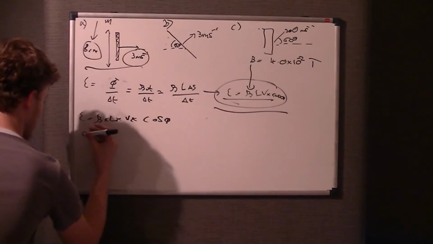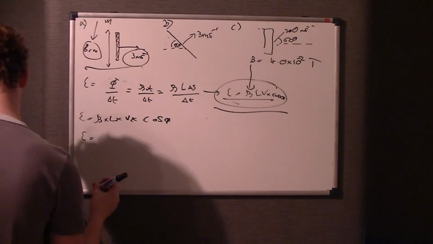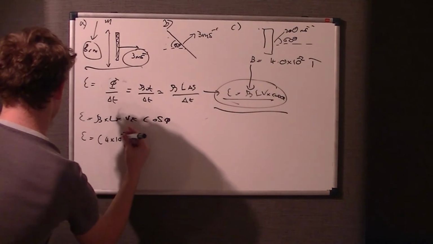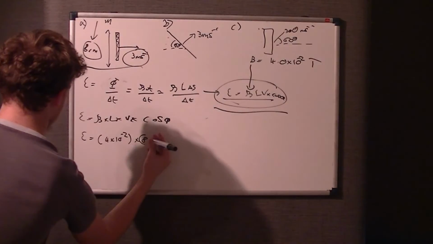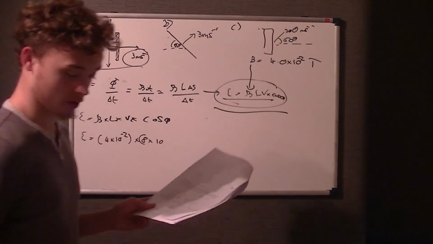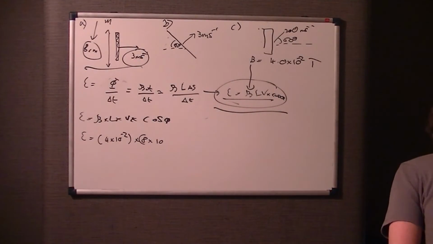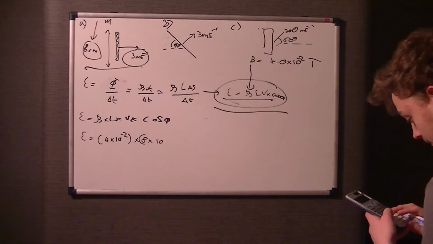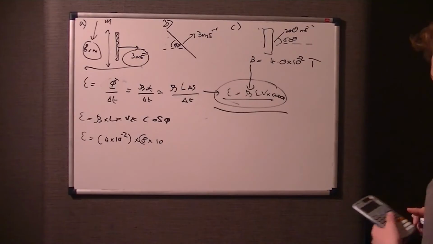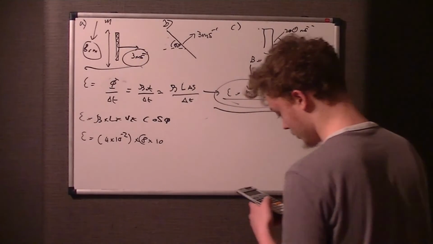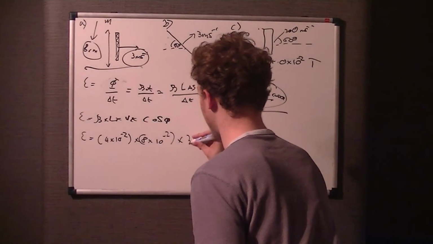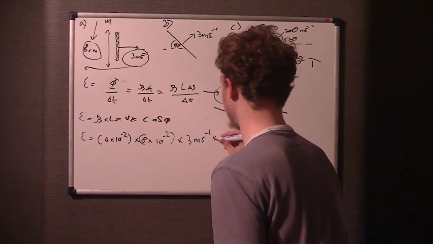So E is equal to 4 times 10 to the minus 2 times the length, which is 8 times 10 to the minus 2, times the velocity, which is 3 metres per second, times cos of 90, which is obviously 1.